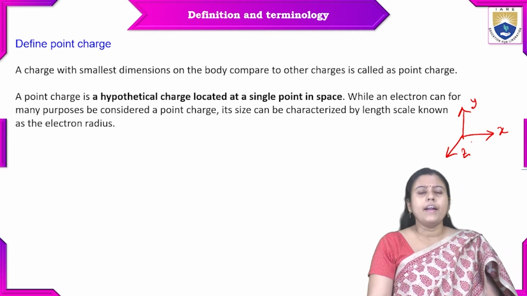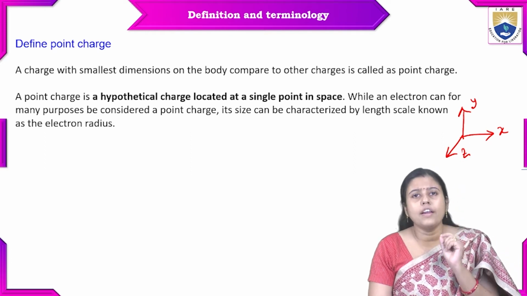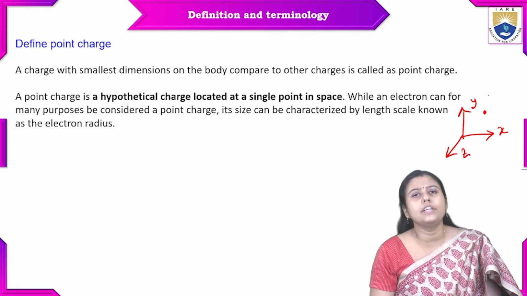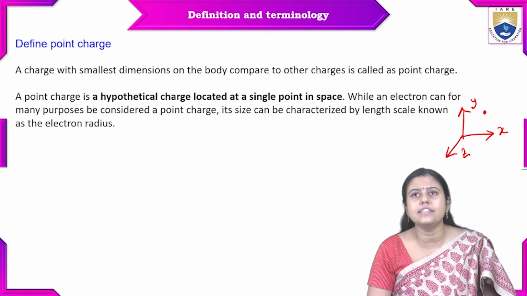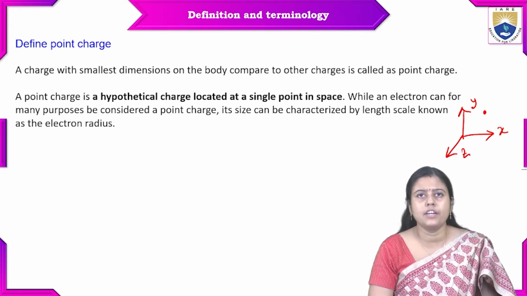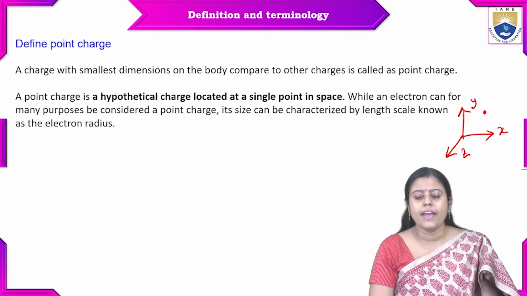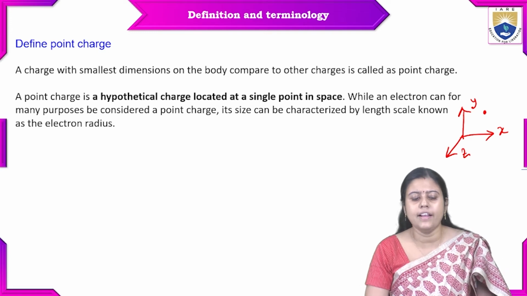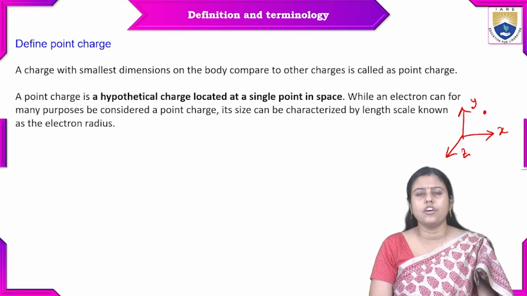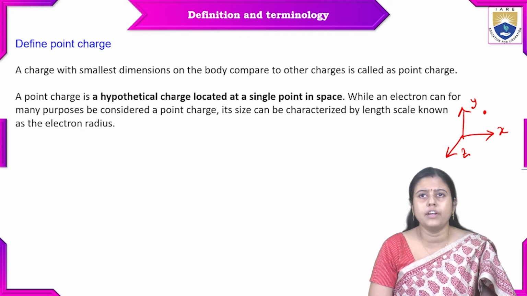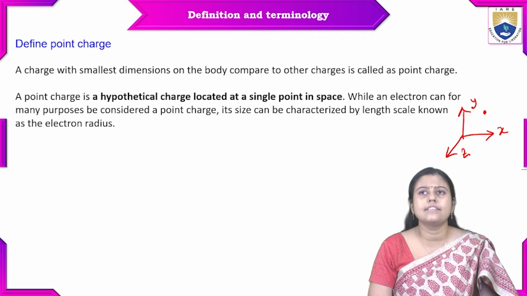But if anything is only at a point, which is basically dimensionless, we call it a point charge. Its size can be characterized by the length scale known as the electron radius.